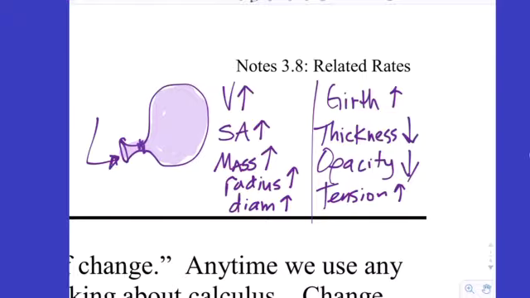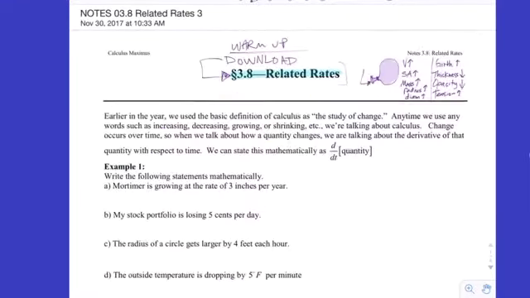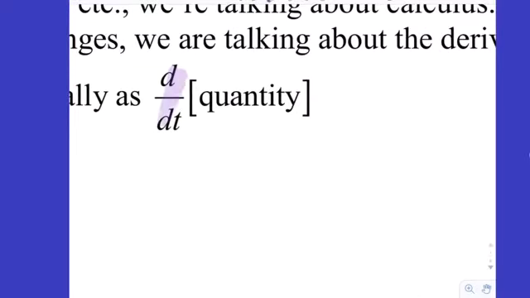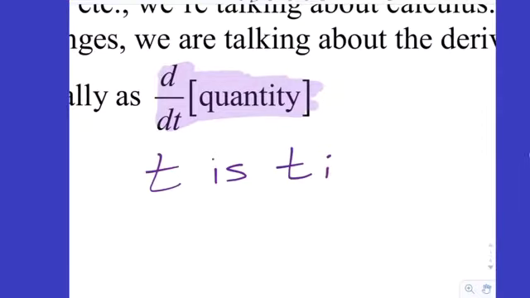We're going to be looking at all kinds of wonderful word problems, and we're going to be looking to see at any given moment in time how fast any one of these quantities or others are changing instantaneously. Okay? Cool. So what makes this section unique is that we're going to be taking the derivative of a quantity with respect to t, where t is time.